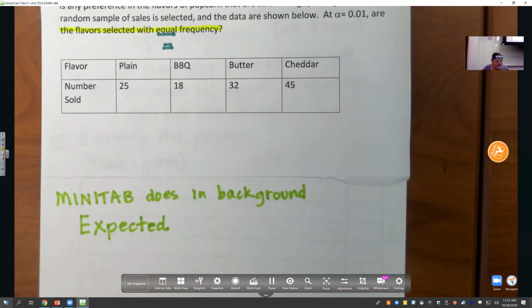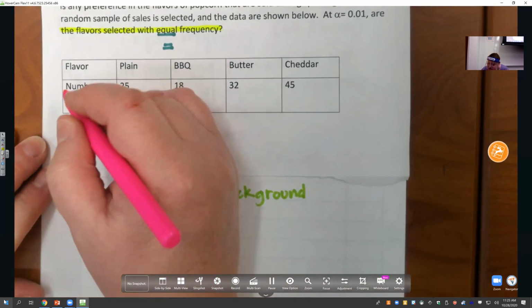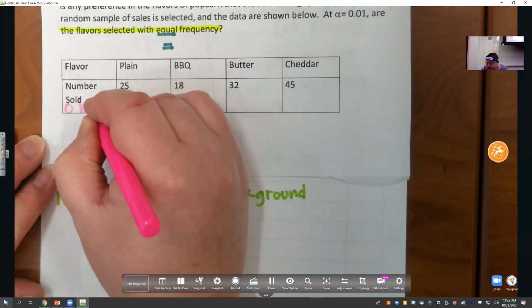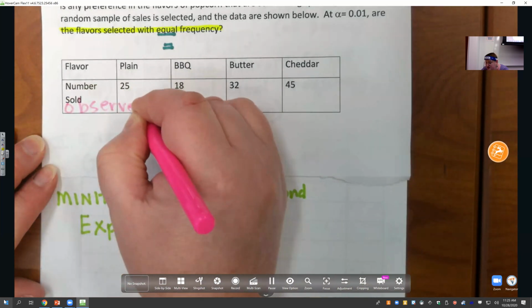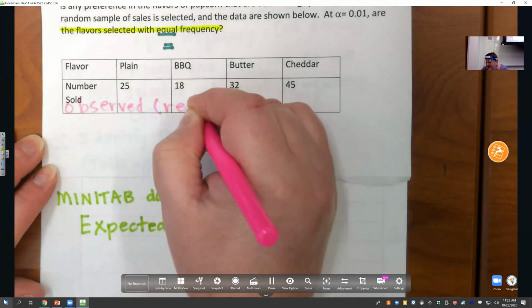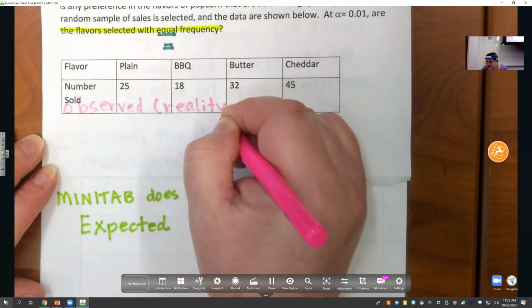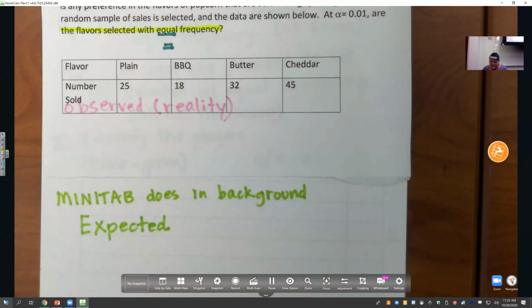In this table that you're originally given, this number sold is the observed. This is the reality. On the particular day that they were collecting this data, they sold 25 plain popcorn, 18 barbecue, 32 butter, and 45 cheddar.